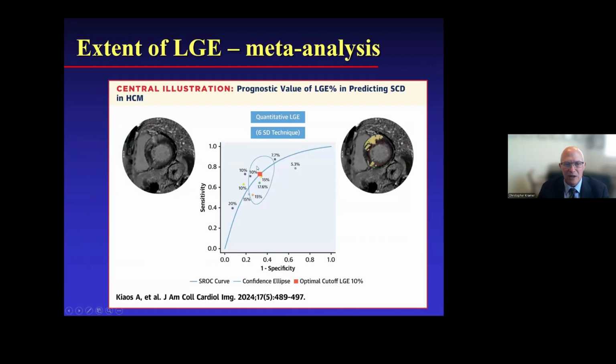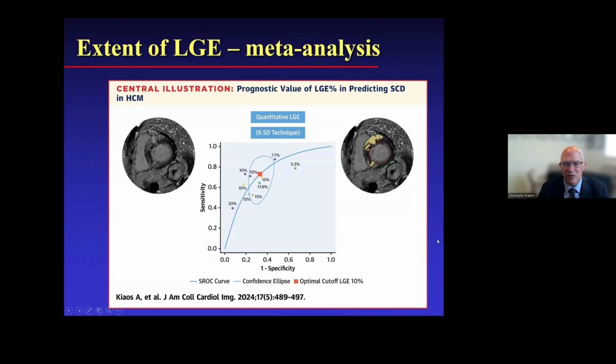In fact, this meta-analysis from 2 years ago in JACC Imaging suggested that the optimal sensitivity and specificity for predicting sudden cardiac death may be 10% using the 6 standard deviation technique to assess the amount of LGE. I'll speak for a second about quantitation. In HCMR, we used a visual analysis.